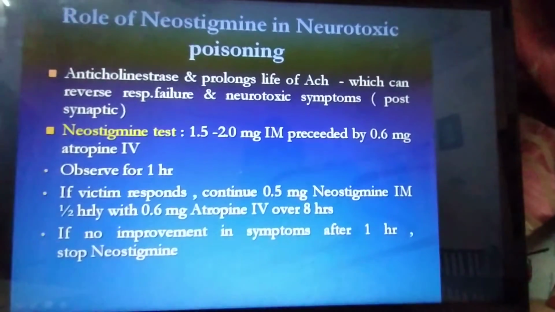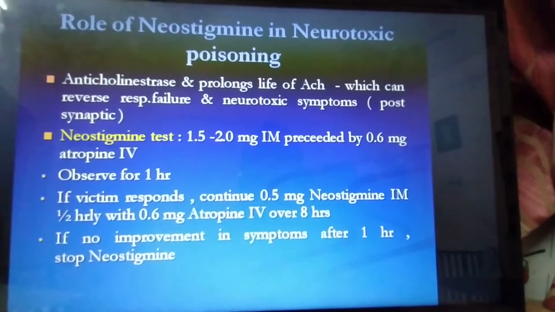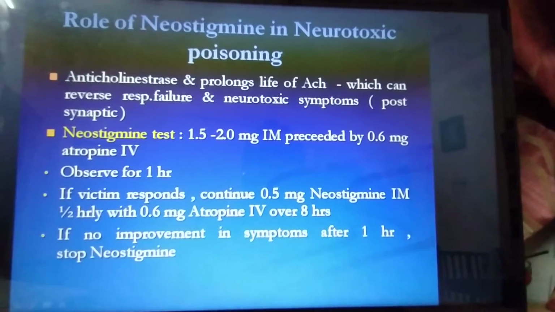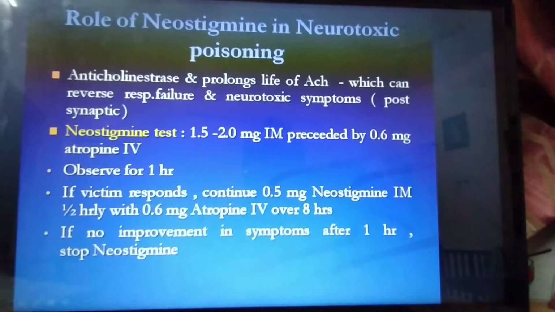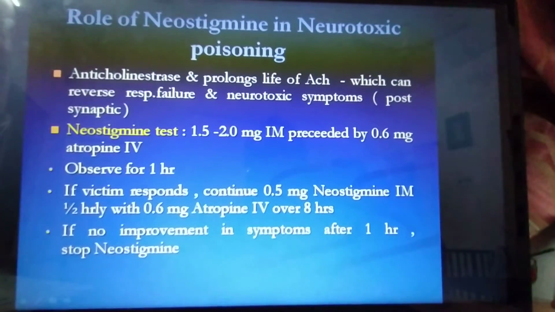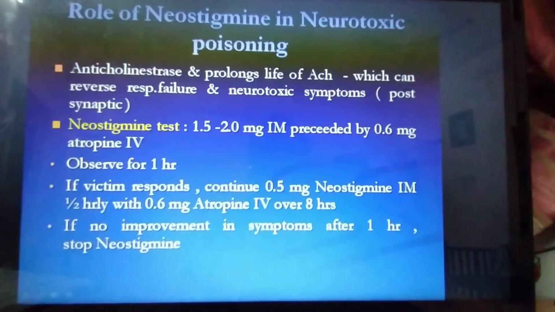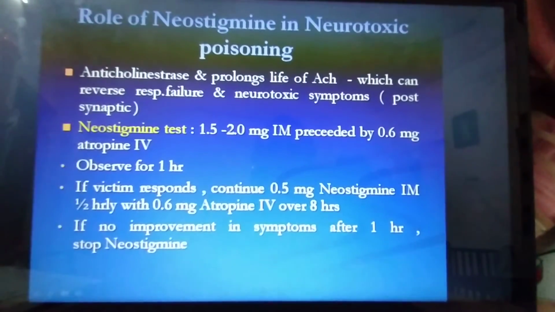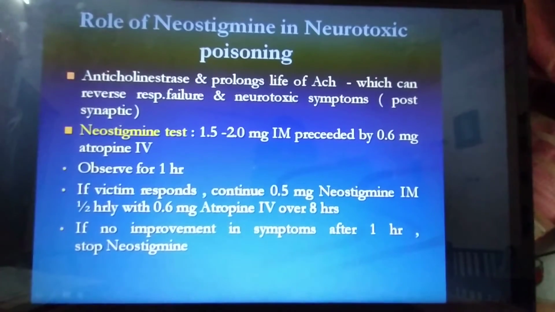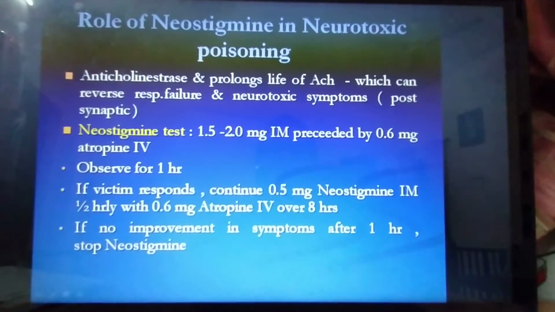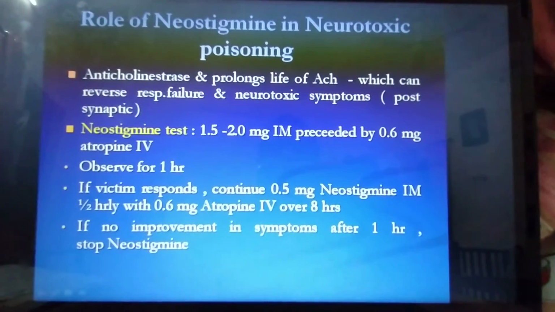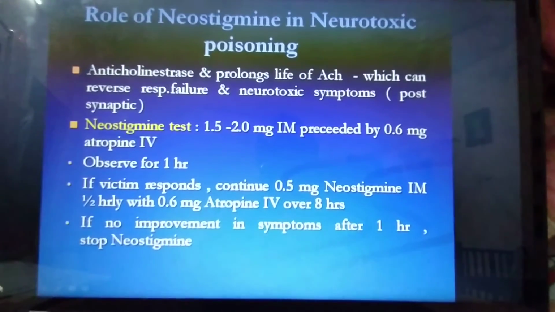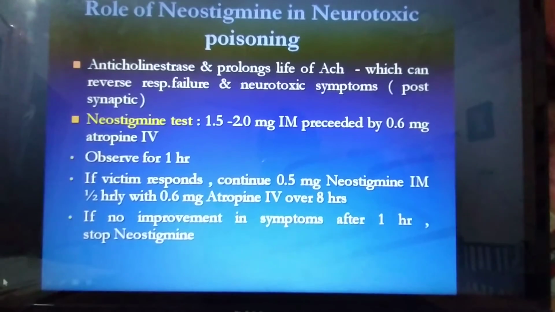So what is the role of neostigmine in neurotoxic patients? Anticholinesterase prolongs the life of acetylcholine, which can reverse the respiratory failure. In postsynaptic neurotoxic symptoms, the postsynaptic acetylcholine is depleted, which causes respiratory failure.